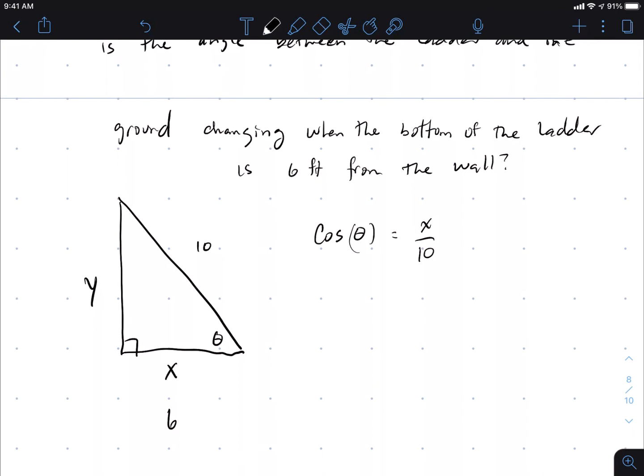Agreed? Mm-hmm. Okay. So then when I go to take the derivative of this, don't I get negative sine of theta is going to be equal to 1/10? Right? Yes. But we also need to take the derivative of x implicitly, which is going to give us dx dt.